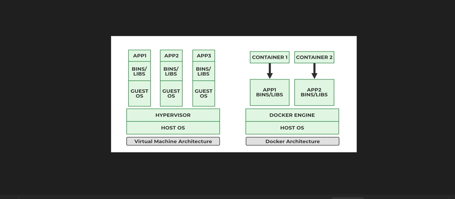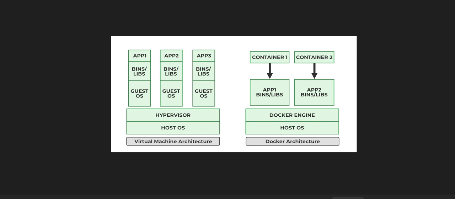Whereas in containerization, we don't need to install any operating system. Instead, we use containerization techniques, so all the required libraries, packages, and settings are installed in the particular container for that particular application.